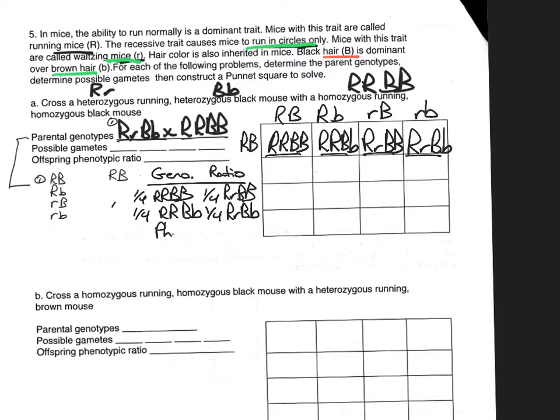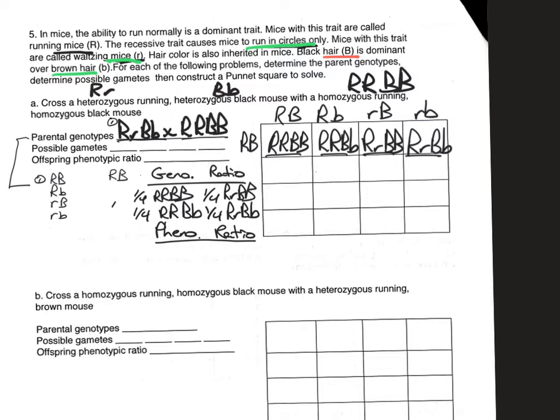Phenotypic ratio. And we just keep going over and over the same thing. Does everybody agree that this is all very repetitive? It's just different examples of the same material. Once you learn how to do it once, you can apply it to all of them. It's really easy. So again, big R is running, little r would be waltzing, big B is black, and little b would be brown.